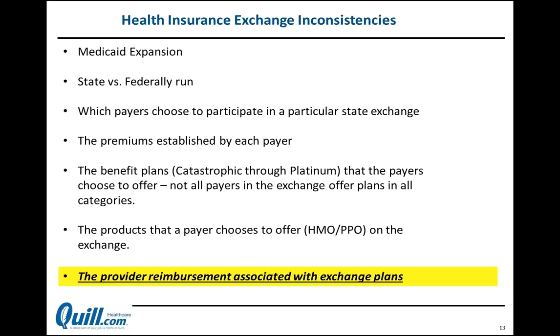There is a wide variance across states about which payers actually choose to participate in a particular exchange plan. You'll see categorically, I would say, a lot of blue in the exchanges, but there's a lot of variance as well as far as which products and which payers are in these exchange plans.